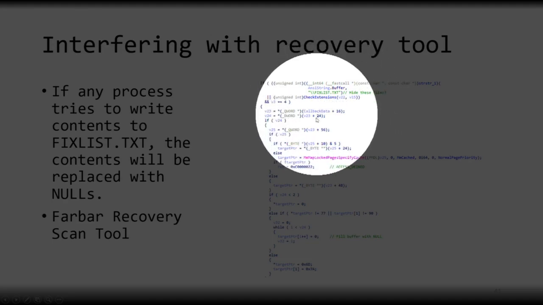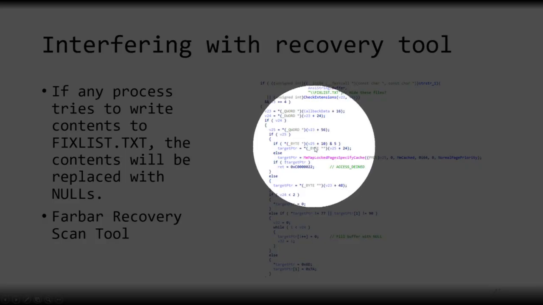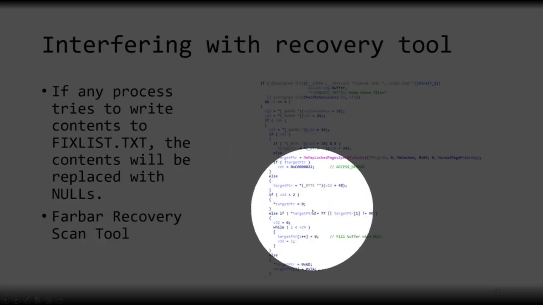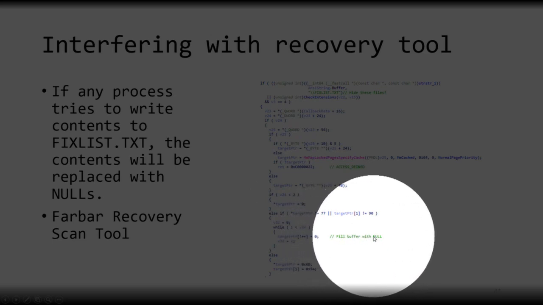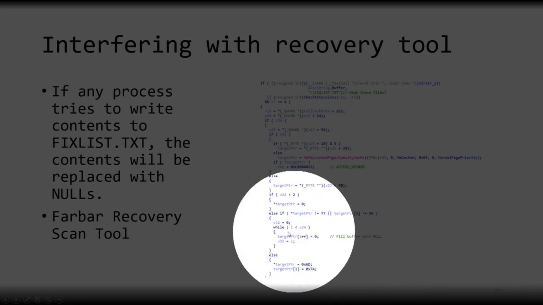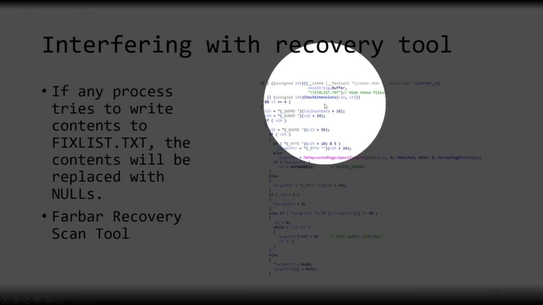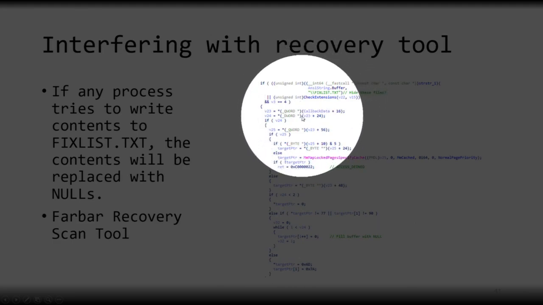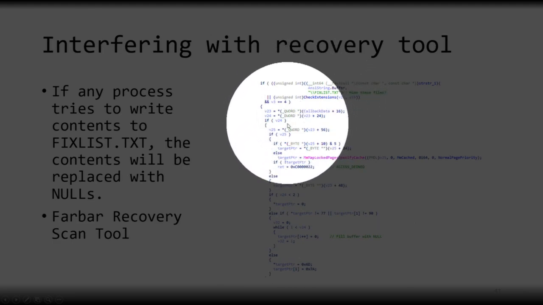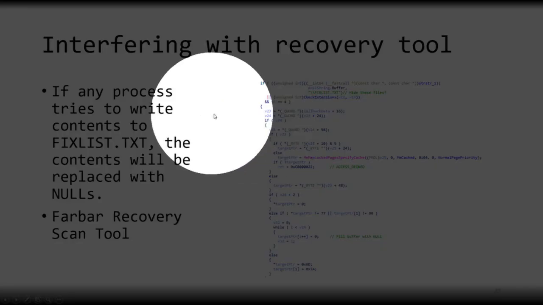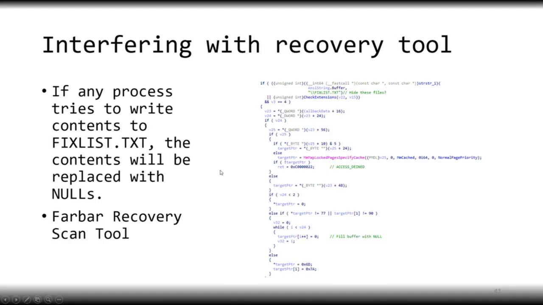Whenever this file is found during the file system filtering operation, it will go through some logic, and if it is a writing operation, it will fill the buffer with nulls. So if you try to write some content into this specific file name, it will always be filled with nulls.